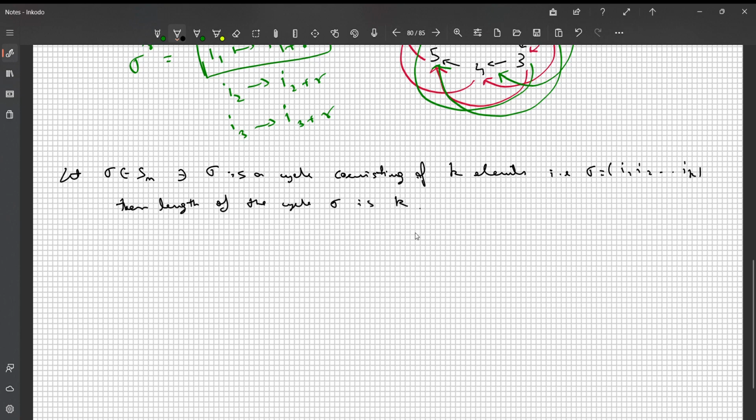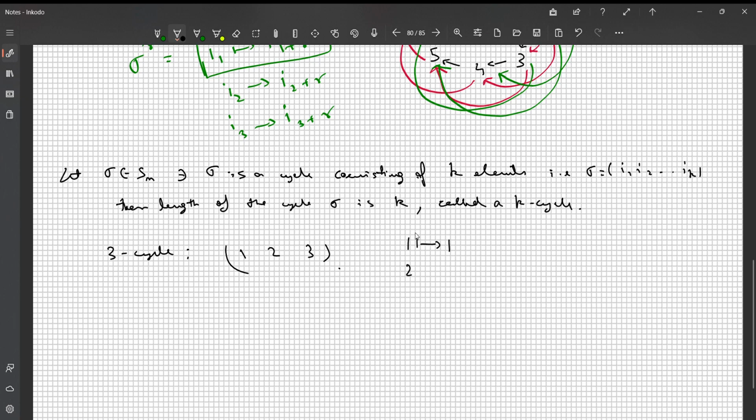Then the length of the cycle sigma is k. So the number of elements in a cycle is defined as the length of the cycle, and such a cycle is called a k-cycle.